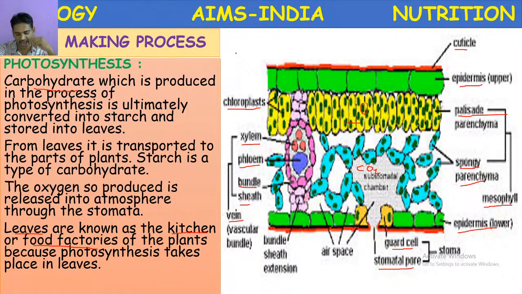Julius Sachs proposed in 1862 that starch is the direct product of photosynthesis. Later in the 20th century, Robert Hill and Melvin Calvin, all these scientists clearly explained the process of photosynthesis.